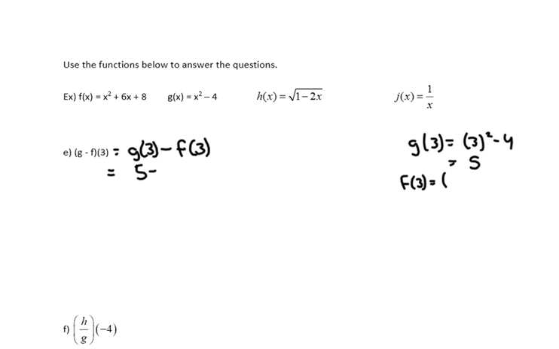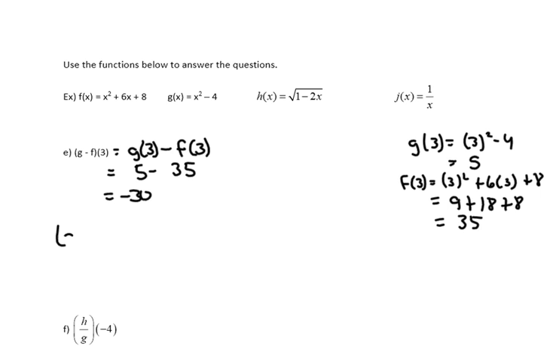Plug in, that is 3 squared plus 6 times 3 plus 8. That's 9 plus 18 plus 8, which is 35. So f of 3 is 35. So 5 minus 35 is negative 30. Now, I could write this as an ordered pair. That's the domain value at the very beginning, and that negative 30 is the range after I perform the operation between the two functions.